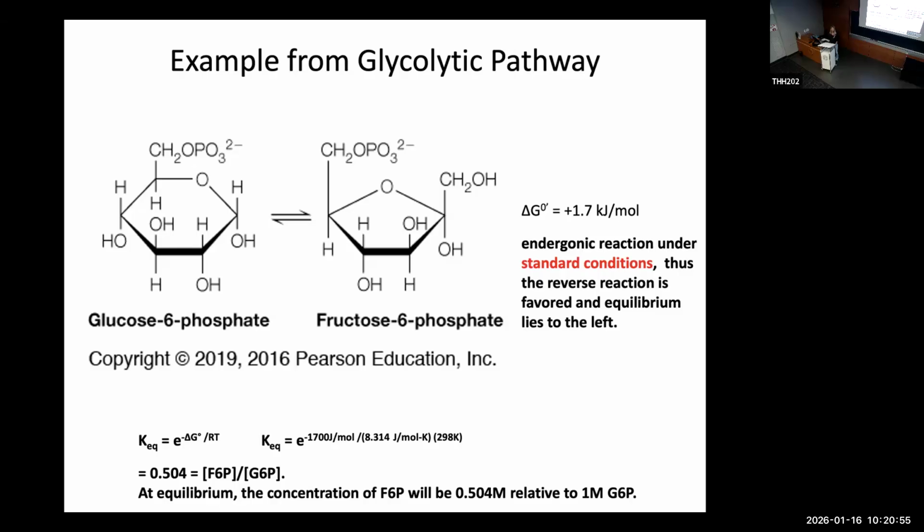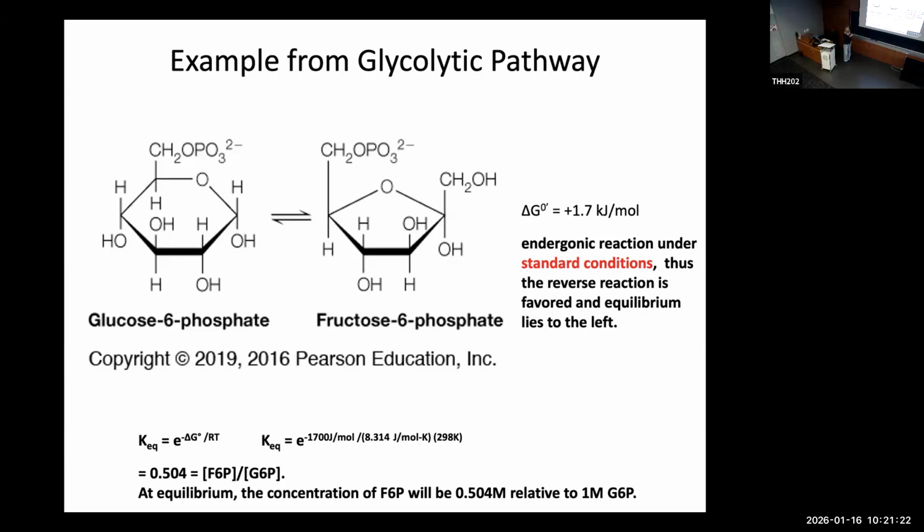So if we started off with 1 molar of each, standard state conditions, which direction is favored for that reaction? Yeah, the reverse reaction. It is positive in the forward direction. Therefore, if we start off in standard state, 1 molar of each, it's actually favored to change the fructose 6-phosphate into glucose 6-phosphate.